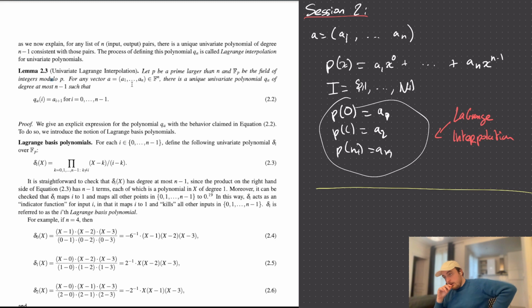For any vector A equal a1 until an in the field, F to the n. This is the field we're talking about, because the vector is multidimensional.